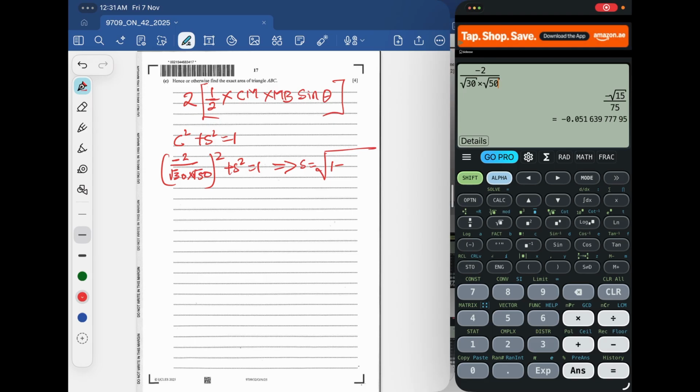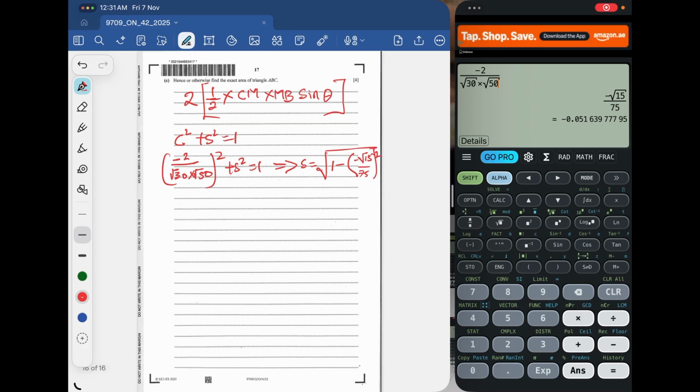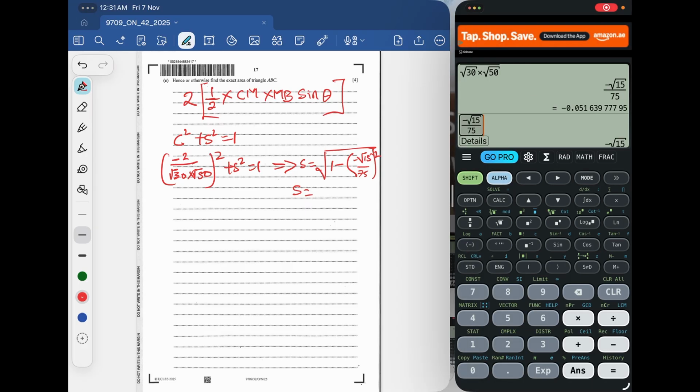So when I square this, minus root 15 over 75 squared, so s would be the square root of 1 minus the answer squared.